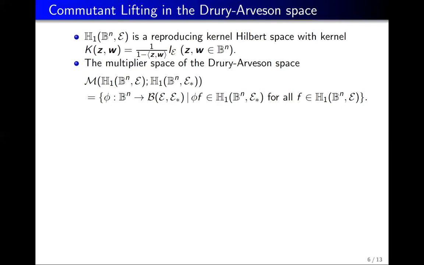The reason we take it to be operator-valued is that it has to satisfy this property: if you take an f coming from this E-valued Arveson space, then if you multiply phi times f, it has to land in this E star valued Arveson space. So that is why phi has to be operator-valued, so that this multiplication makes sense, and at the end phi f lands in this E star valued Arveson space.